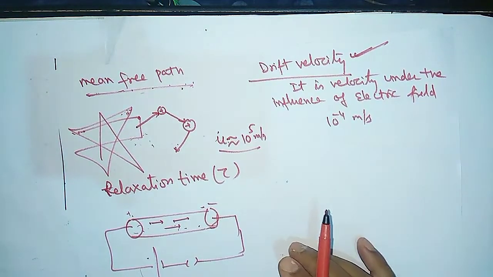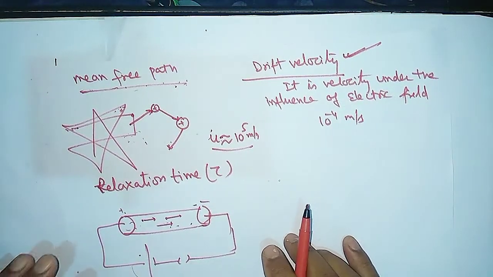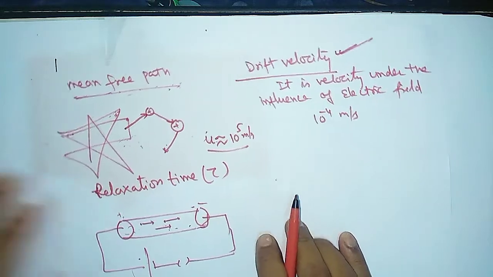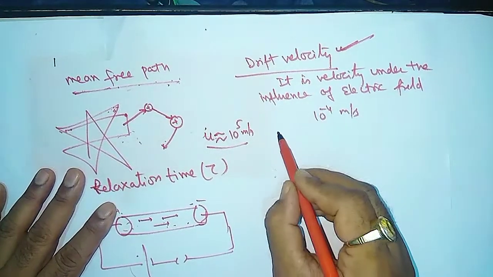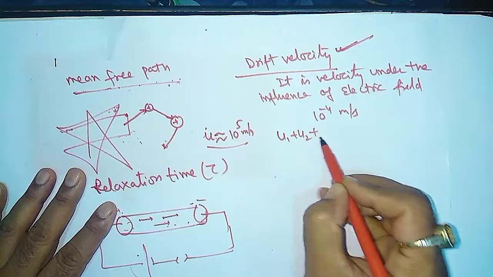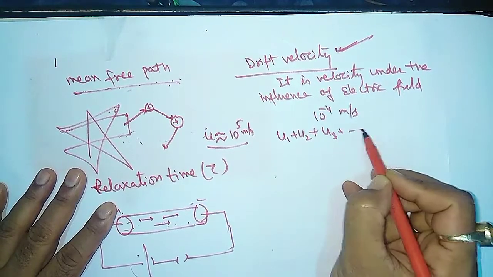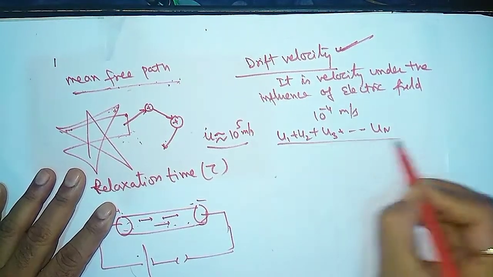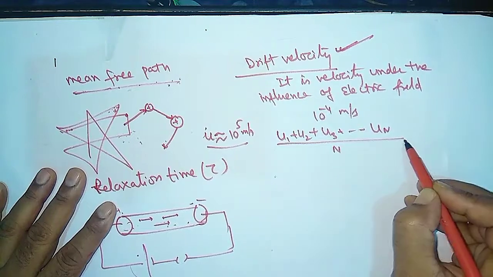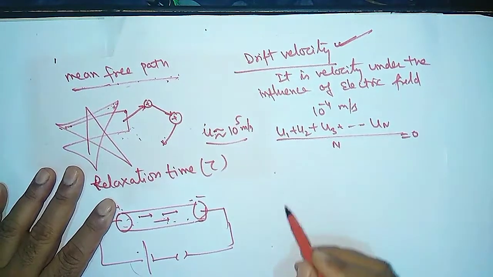Now we can find an expression for the drift velocity. See, how can we find? As we know, u1 plus u2 plus up to un, the average thermal velocity for n free electrons, is always equal to 0.